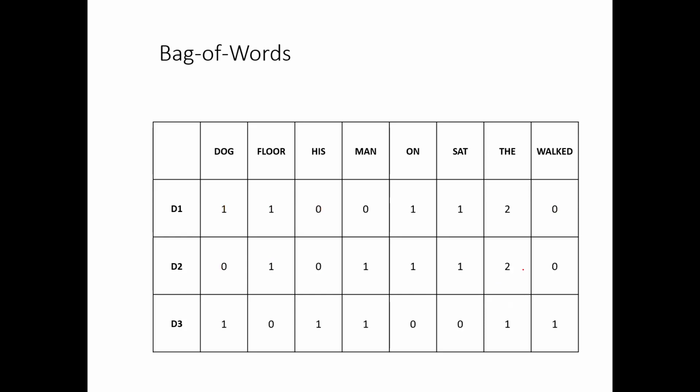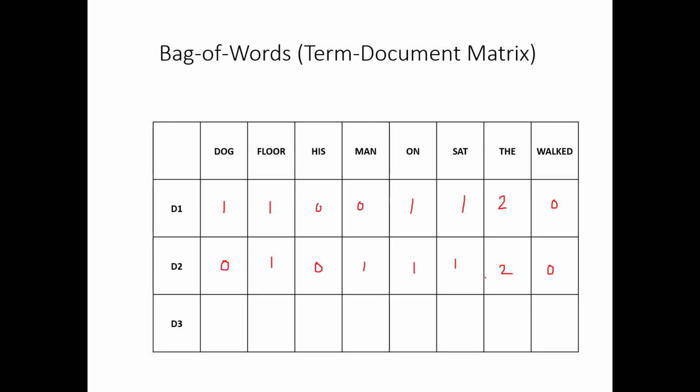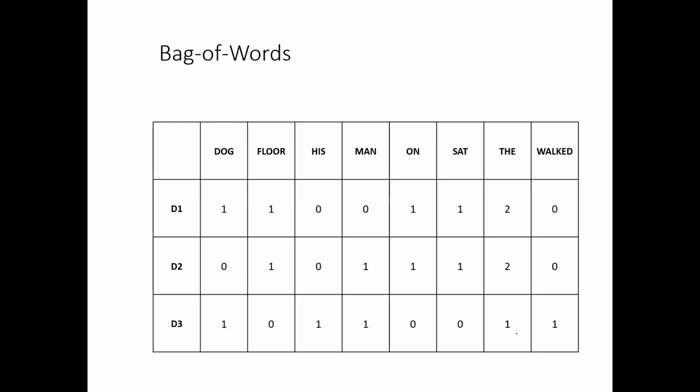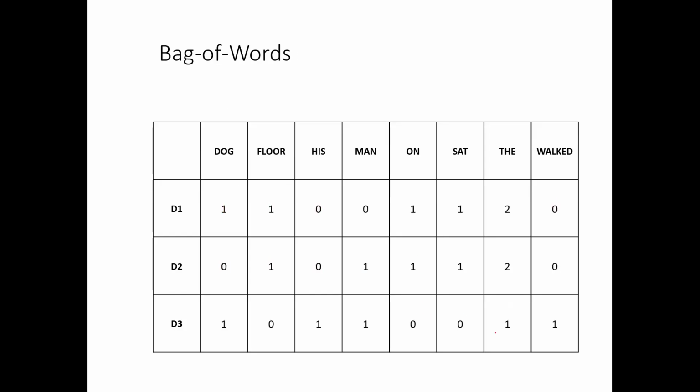Again, the third one: the man walked his dog. "The" appears twice, man, walked, his, dog once, and floor is zero. So you see the simple representation.